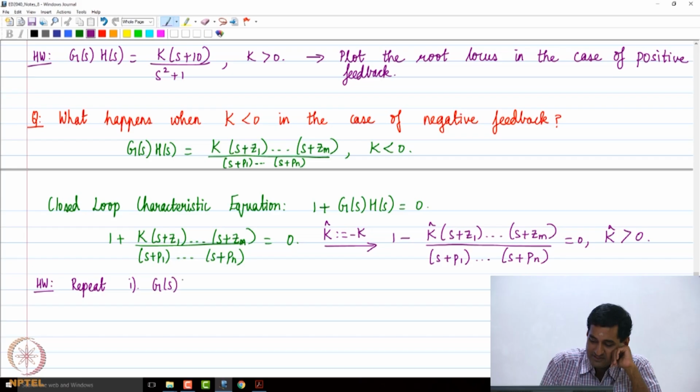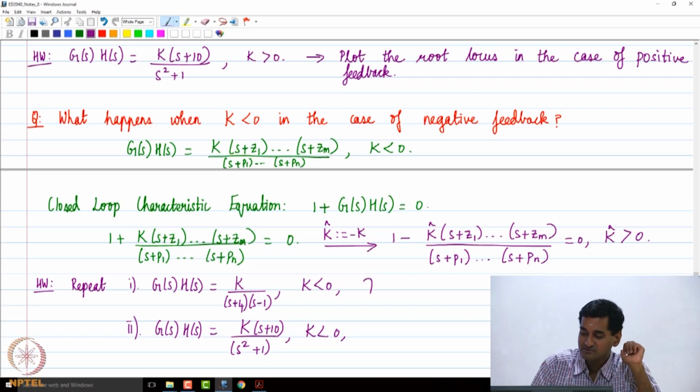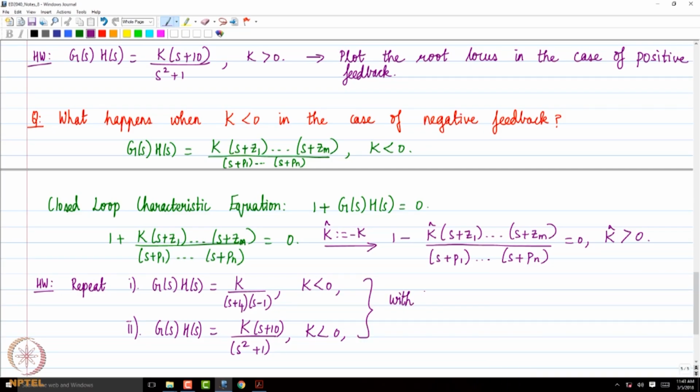G of s H of s equals K divided by (s plus 4)(s minus 1), of course K being now less than 0, and the second problem is G of s H of s is K times (s plus 10) divided by (s squared plus 1), K being less than 0, of course with negative feedback. Plot the root locus in this case.